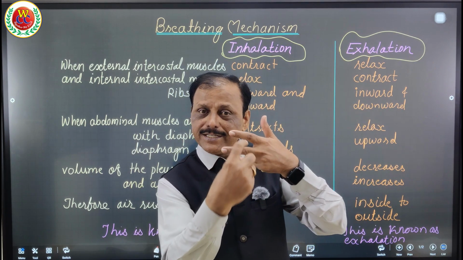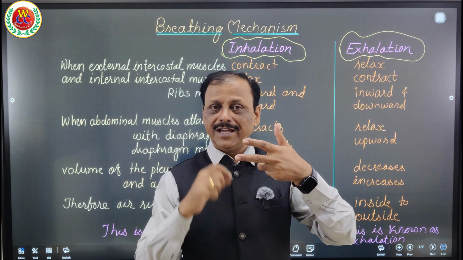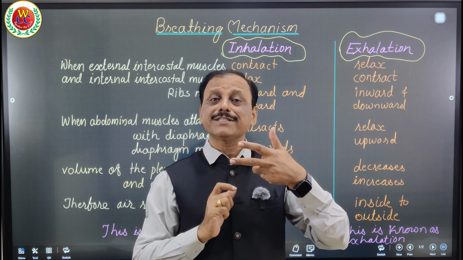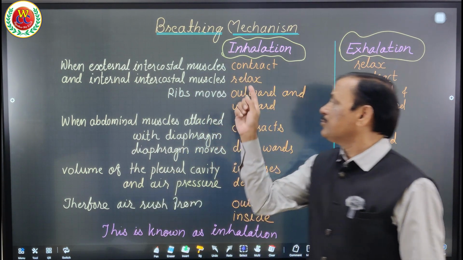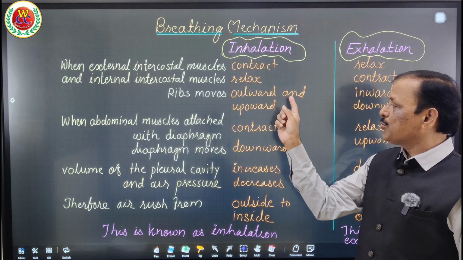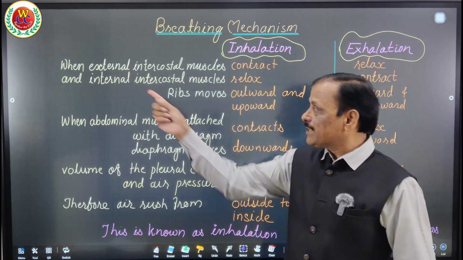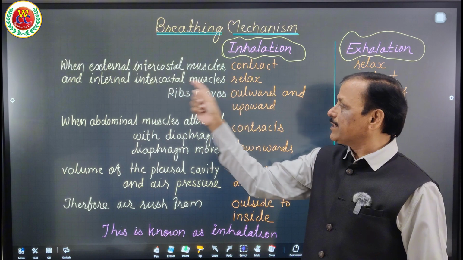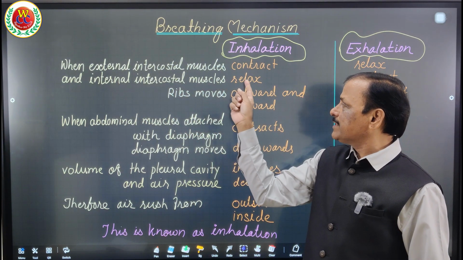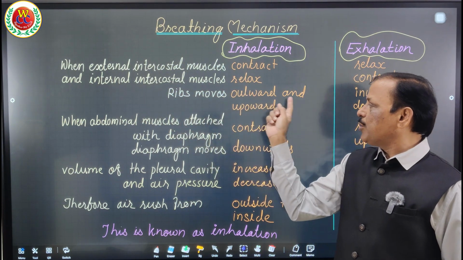When external intercostal muscles contract and internal intercostal muscles relax, the ribs move outward and upward.